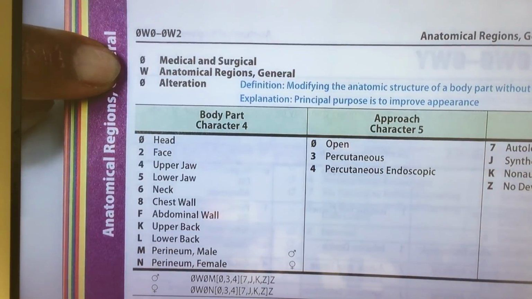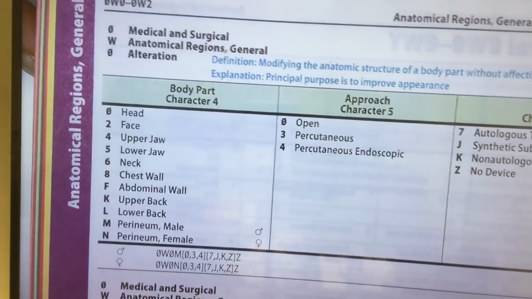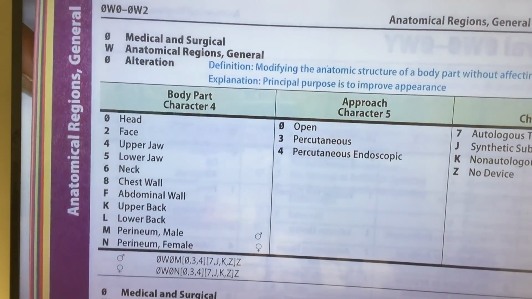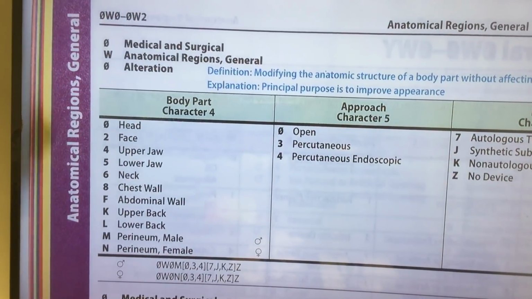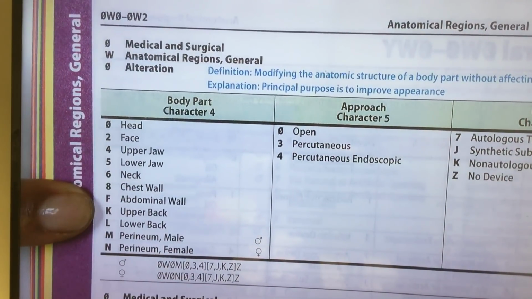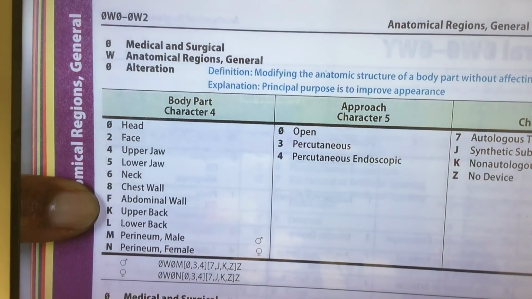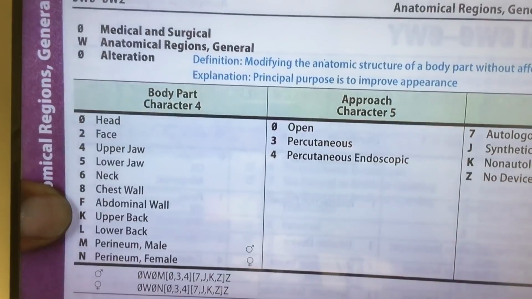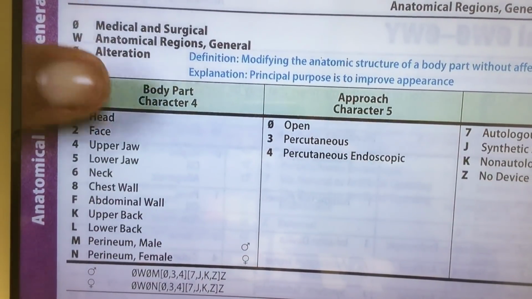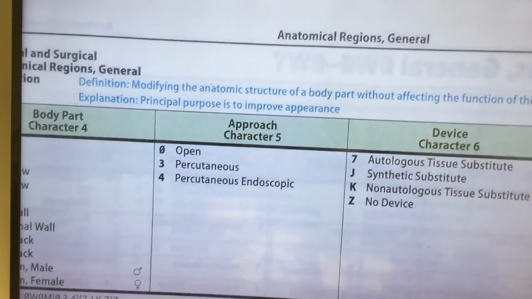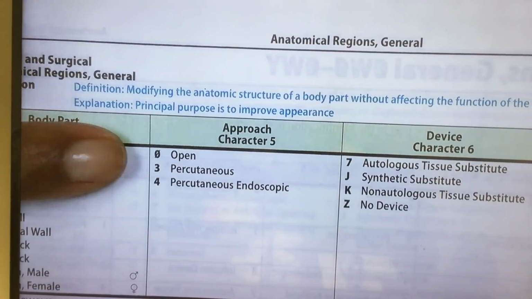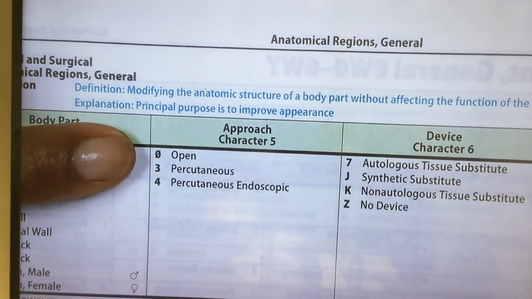So actually what happens is I can now build my code, right? Remember, I already knew that it was F for abdominal wall. That's my 4th character. Next, I have to identify the approach.